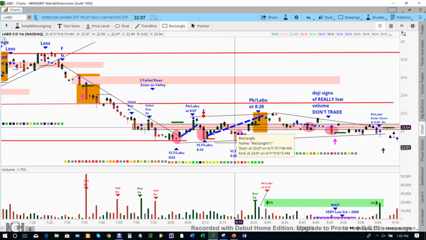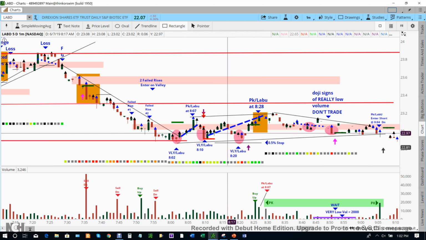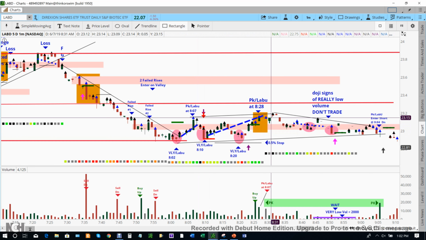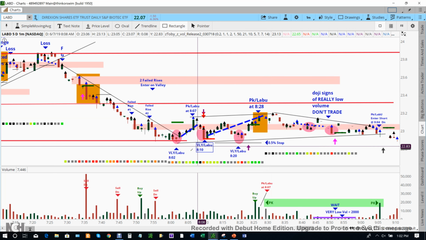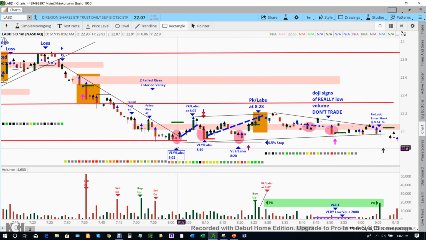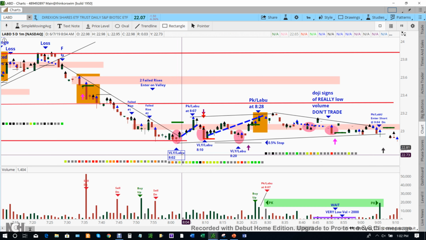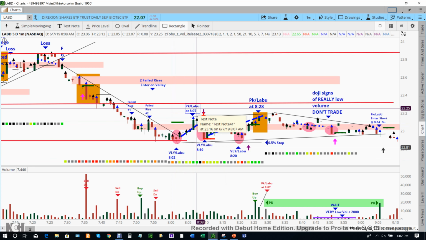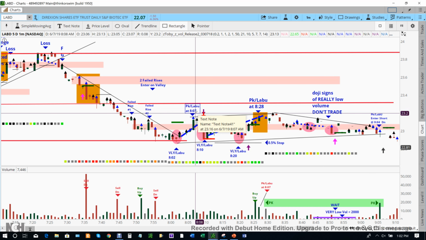So we say, well, how do you know when to get in? It's like get in here, get out there, get in here, and get out there. So what I did was, you see these little signs here. It says this is a valley according to LabU, and I give the time 8:02, and I say this is a peak according to LabU at 8:07.